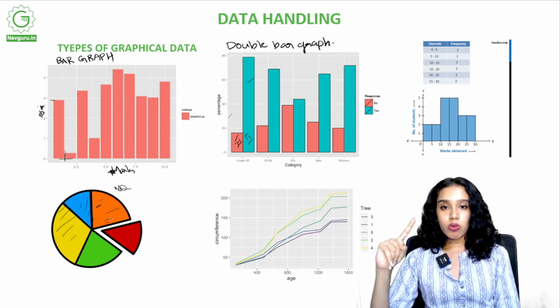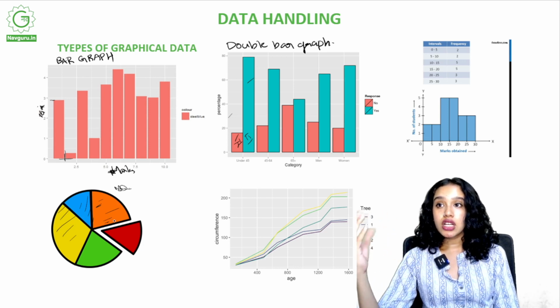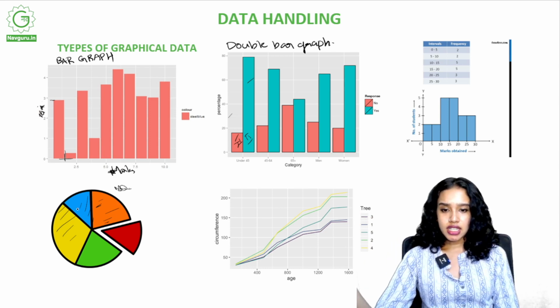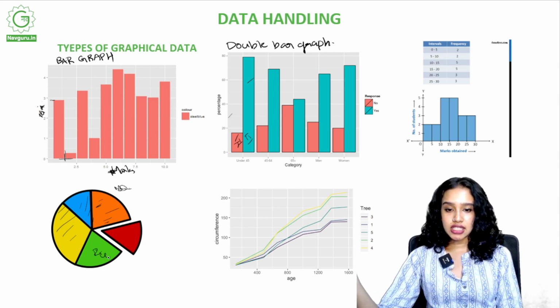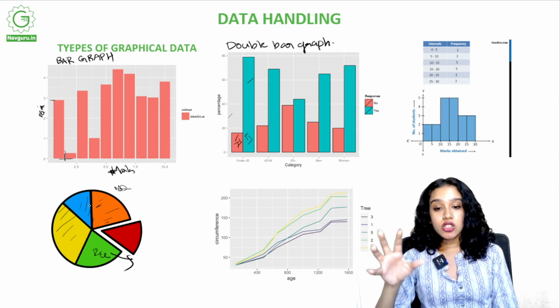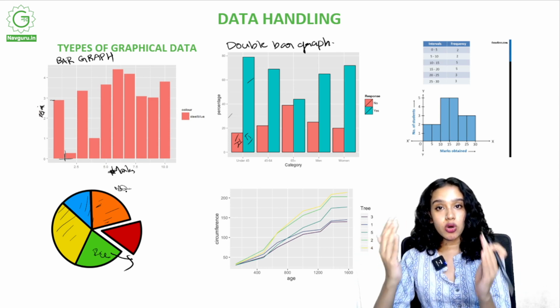Now, when we ask how many of, let's say, how much rice was there, if I'm marking this as rice, this is the amount of rice in the whole food. So it gives us the amount in a whole.